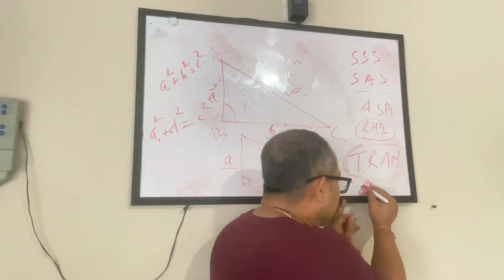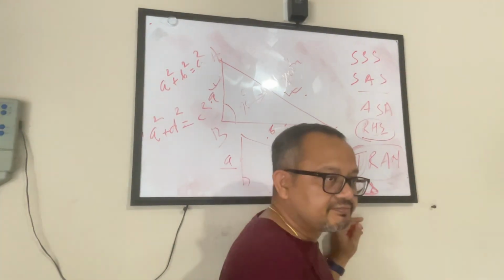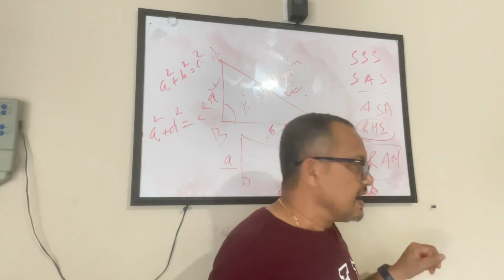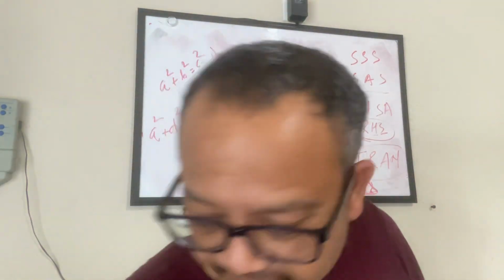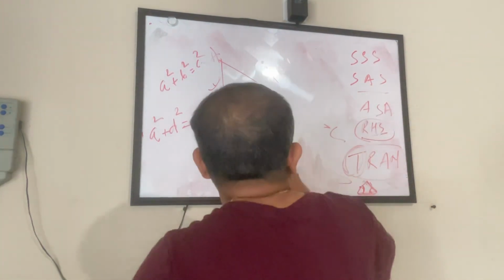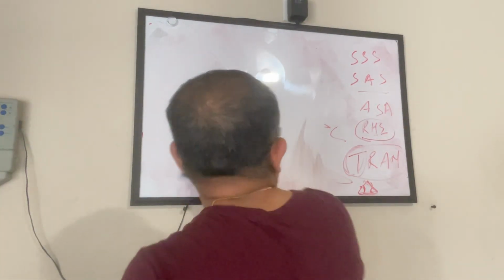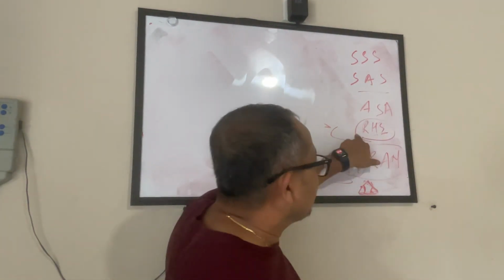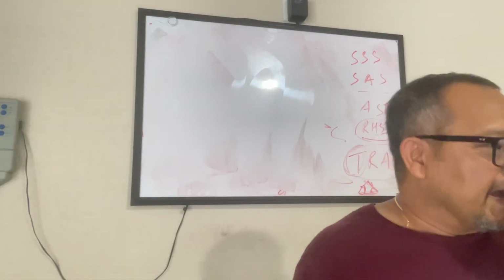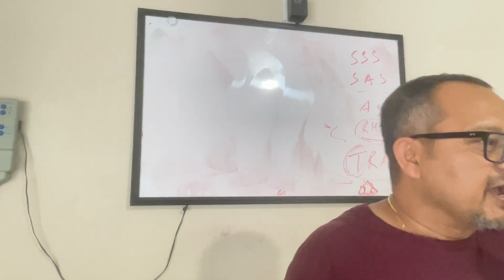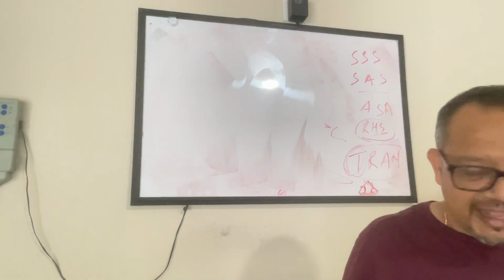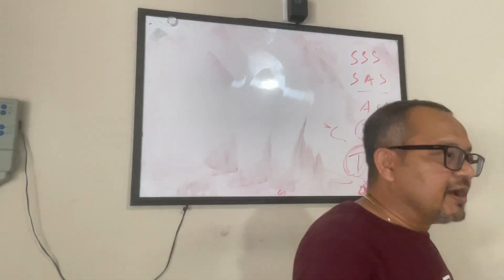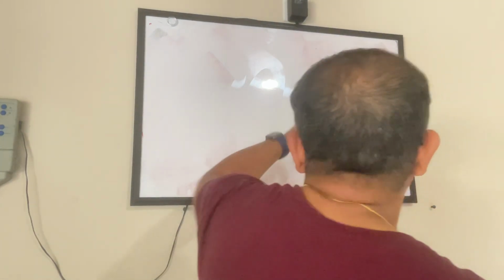So you will always look for the two angles and the side between them. Okay? Now let me give you guys a different flavor. Third theorem was ASA, fourth theorem was RHS. Now, I am not writing my own book, but I am giving you guys different theorems, okay? And those are relatable. It's not that I'm inventing something new, but we are relating it.